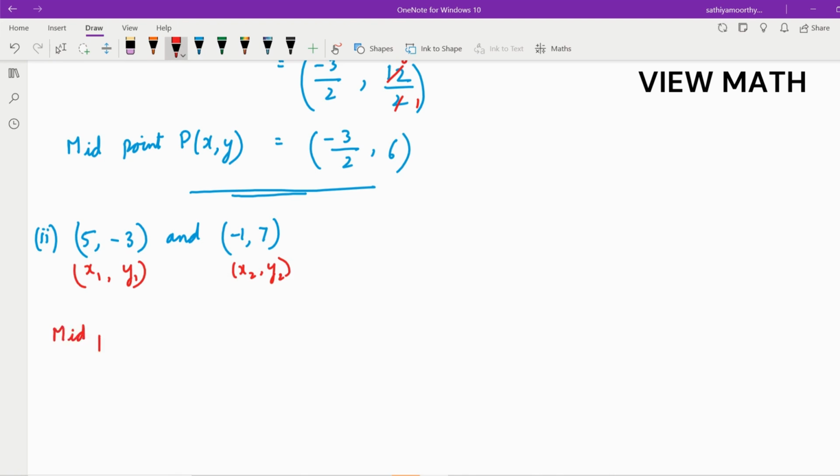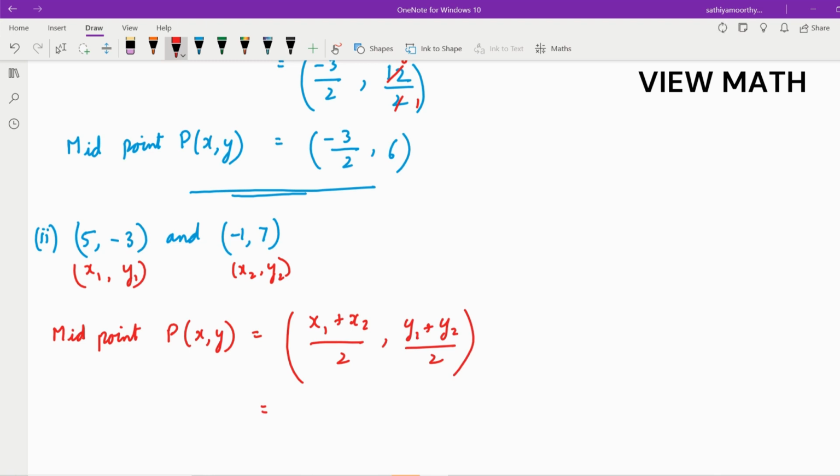Midpoint P, which is (x, y), is equal to, first let me write the formula, (x1 plus x2) by 2, (y1 plus y2) by 2. Now let me substitute in this formula. x1 is 5, x2 is minus 1, divided by 2, y1 is minus 3, y2 is 7, by 2.